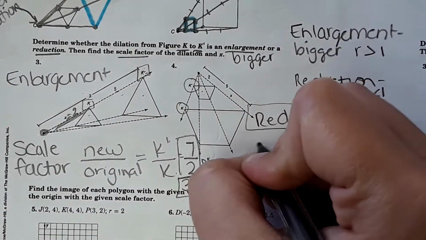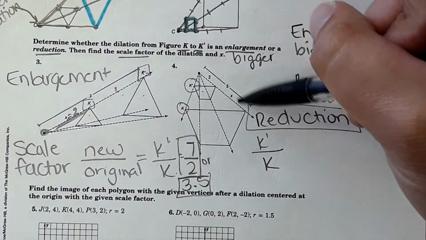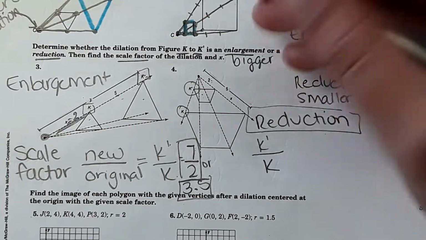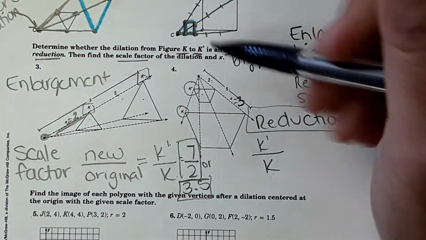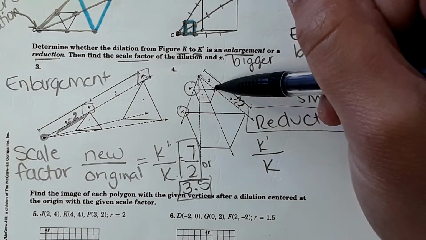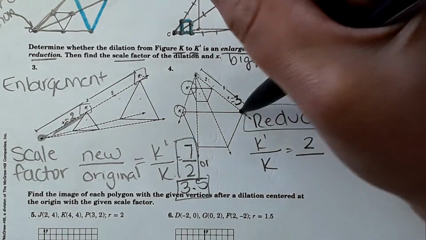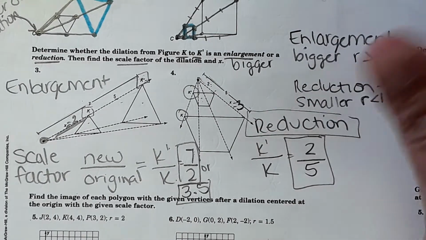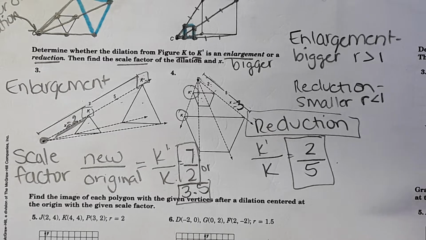And then we're finding the scale factor, so it's going to be K prime over K. They did leave a value not, so this is 5, this is 2, then this x has to be 3, just FYI. So the distance to K prime is 2, and then the distance from the center to K is 5. And so since it is a reduction, this should be less than 1, and it is.